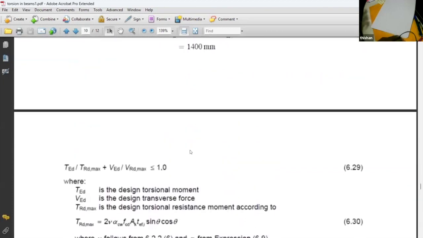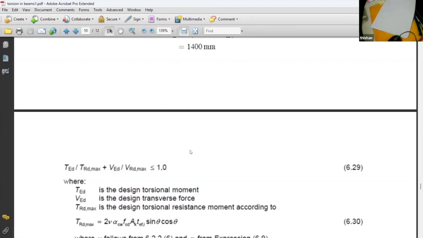What is the first thing in torsional design? Make sure the torsion is not substantial, so that this small section can resist it. Although this 600 by 300 is a significantly large beam, for torsion it's not a large beam. Why? For torsion, it's a rectangular beam, and on one side it has only 300.